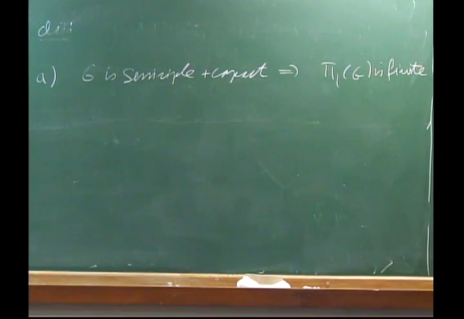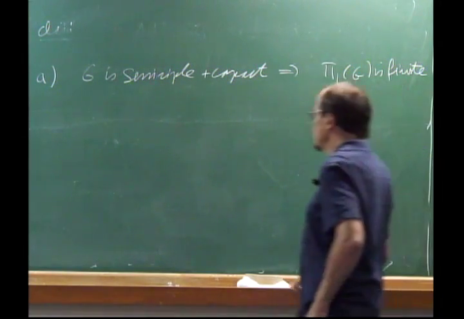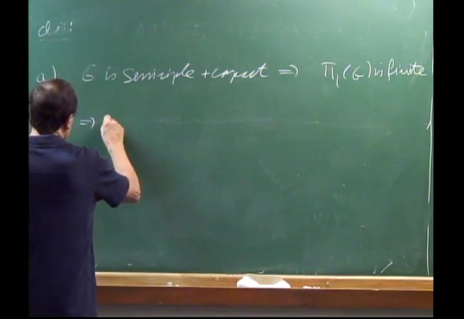What next? So this implies, claims, that pi 1 of M is finite.